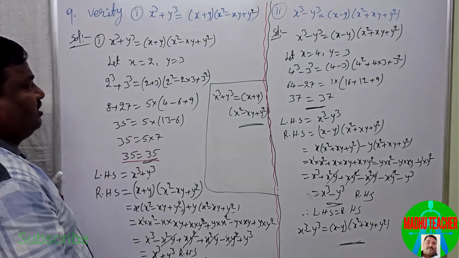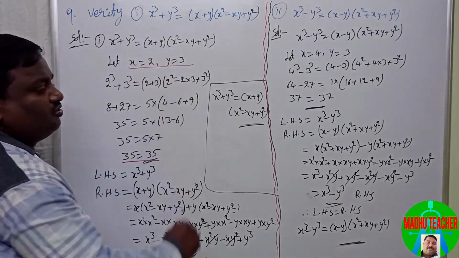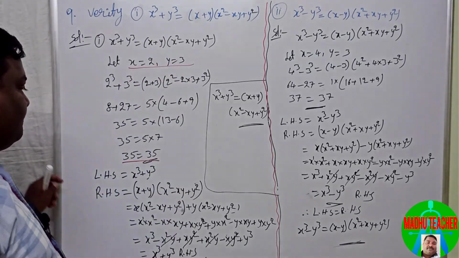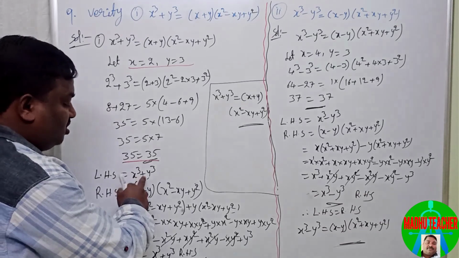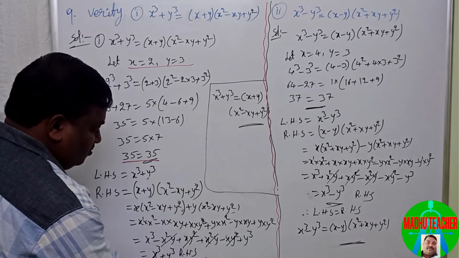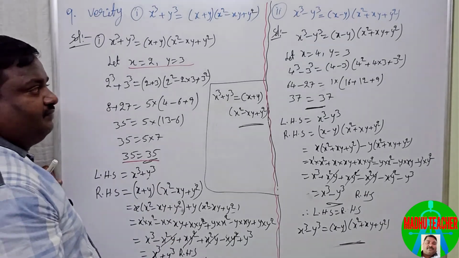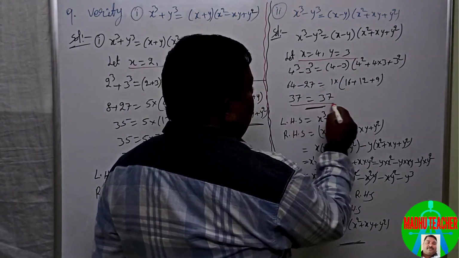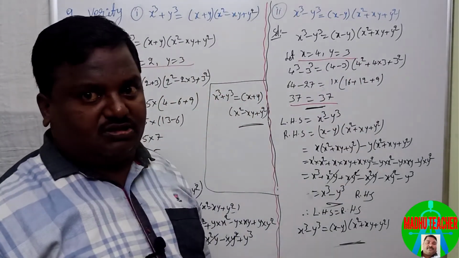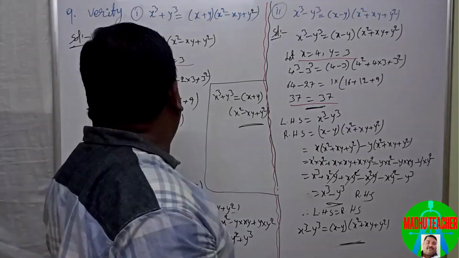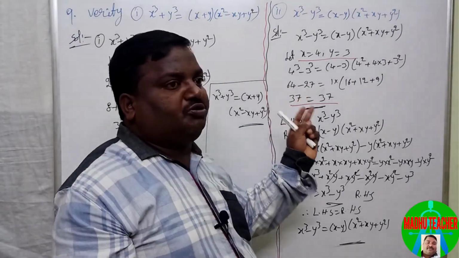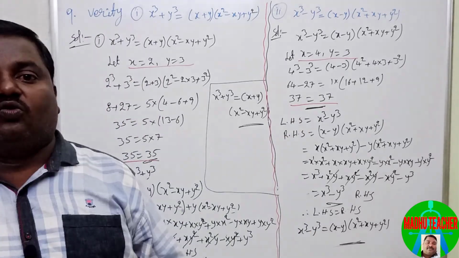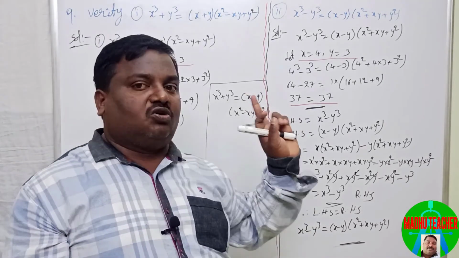By multiplication also, we got LHS equal to RHS. Not only these values, by substituting any numbers, we can get LHS equal to RHS.